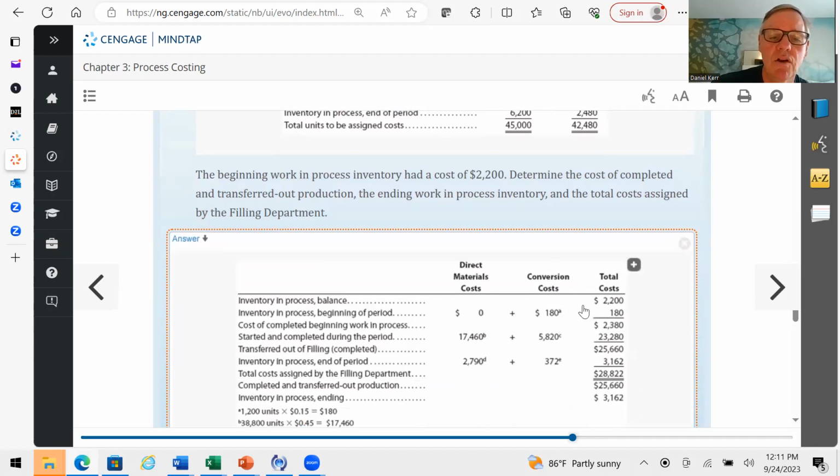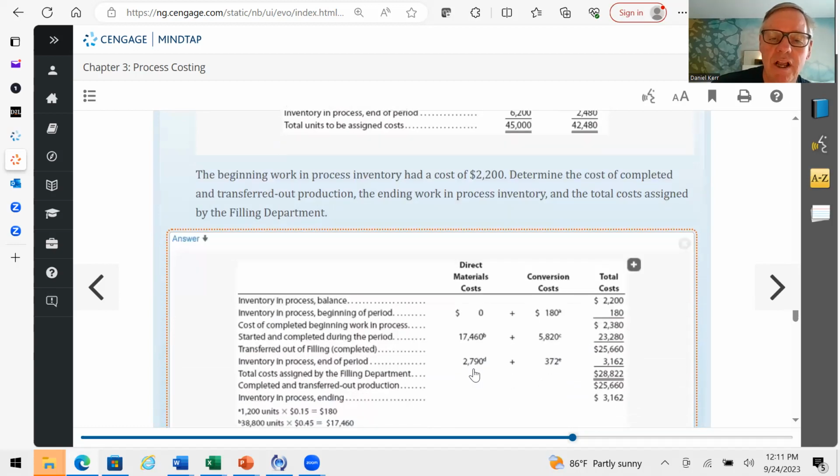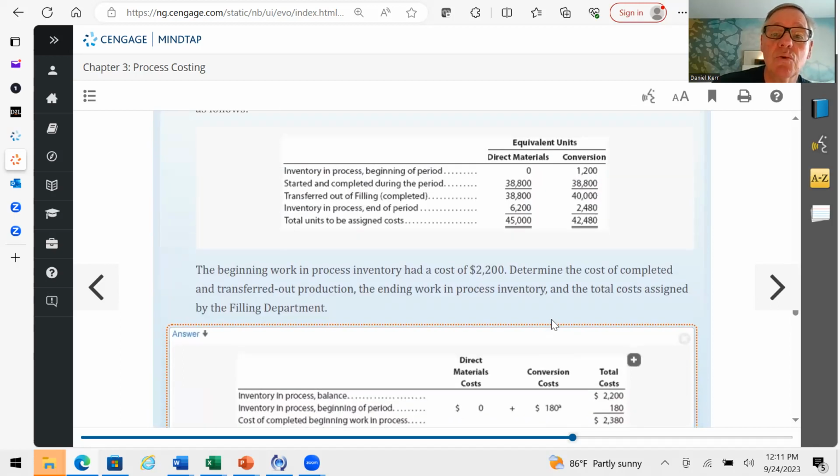So we look at the costs that we had to deal with, and we noticed that the beginning work in process, they told us, was $2,200. So as far as this period, since materials are added at the beginning of the period, there was no direct material cost to get that beginning inventory ready for production. However, when it comes to conversion costs, they told us that there was 1,200 units necessary of conversion costs.